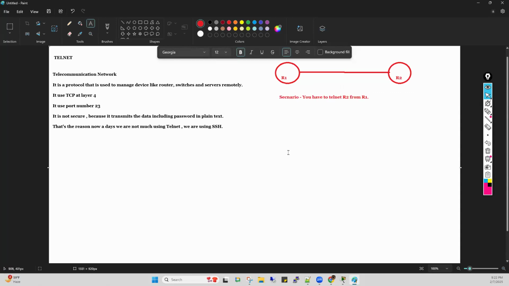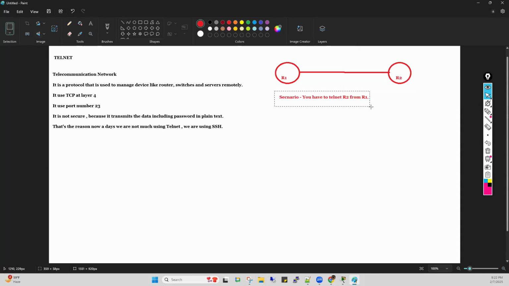What you need to do? You need to telnet R2 from R1. It means right now you need to configure Telnet and you will be on this device and you have to access this other device from this device. It means from this device you need to take the remote of that device with the help of Telnet. Clear? So this is the task.